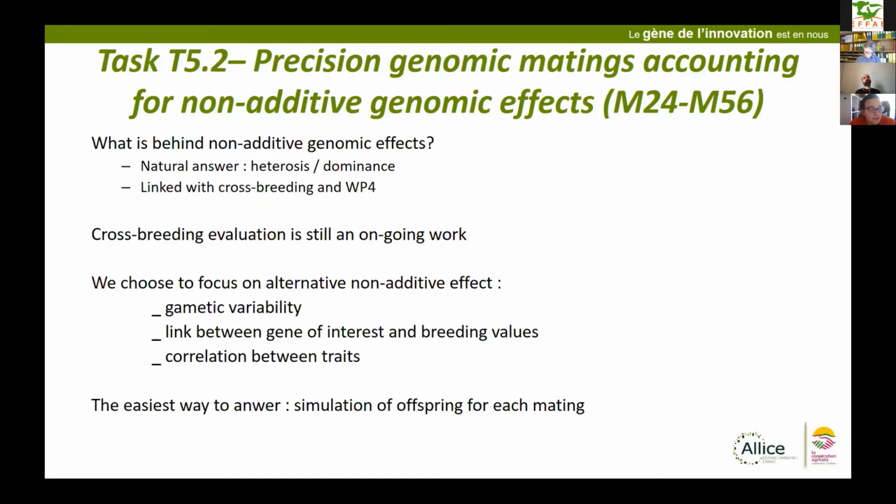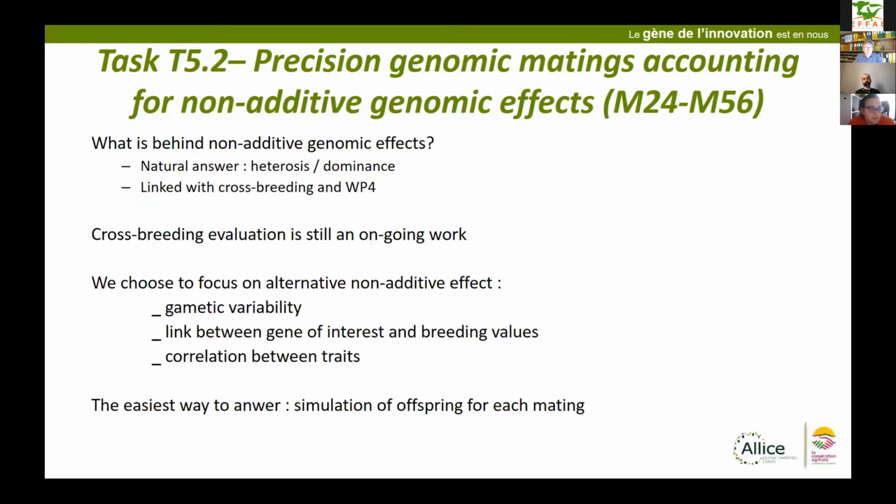But still, cross-breeding evaluation is an ongoing work, so we wanted to start to work on this task. So we chose to focus on alternative non-additive effects, such as gametic variance, which I will explain a bit later, a link between gene of interest and breeding values, and also a correlation between traits.